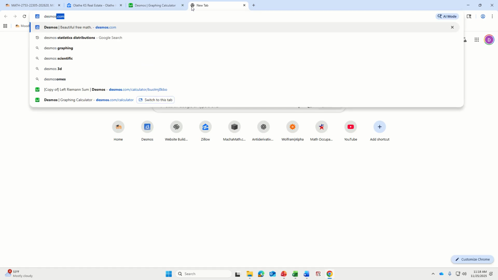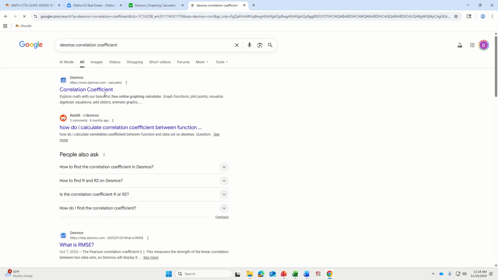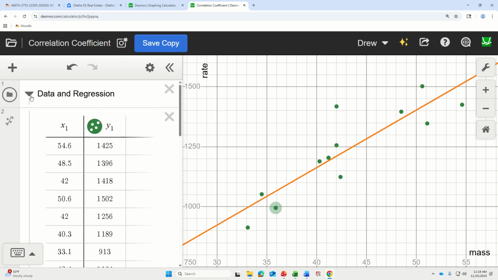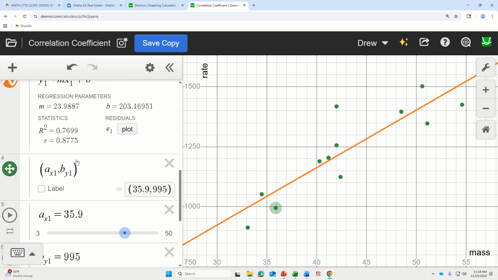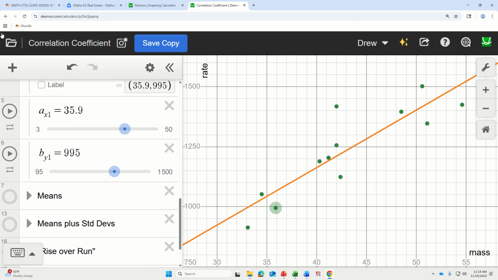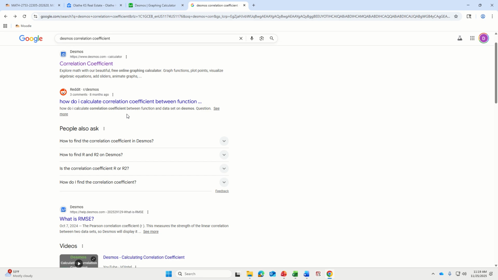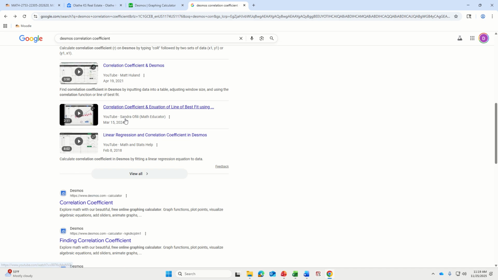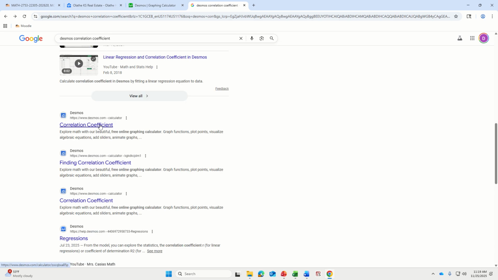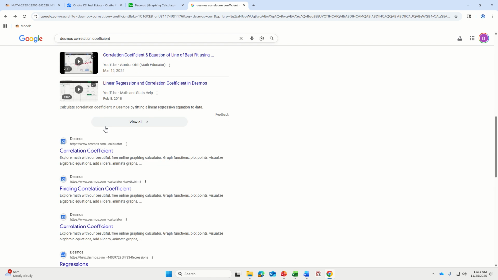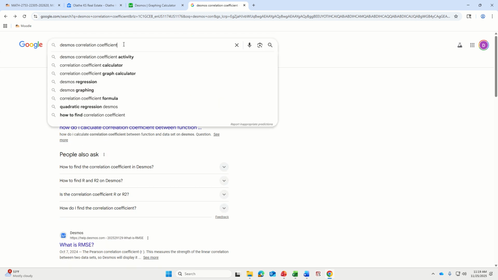But let me look up Desmos CORR and see if it, ooh, that's more than I wanted. I'm looking for the Desmos documentation. Okay, well, I guess I can't really find the documentation.